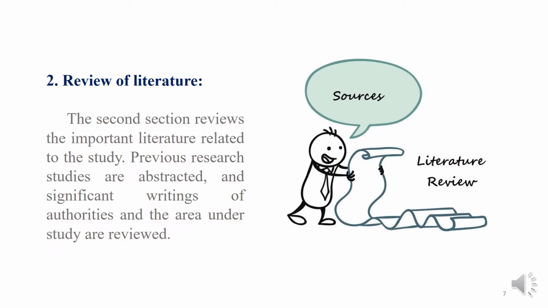Review of literature. The second section reviews the important literature related to the study. Previous research studies are abstracted and significant writings of authorities in the area under study are reviewed.